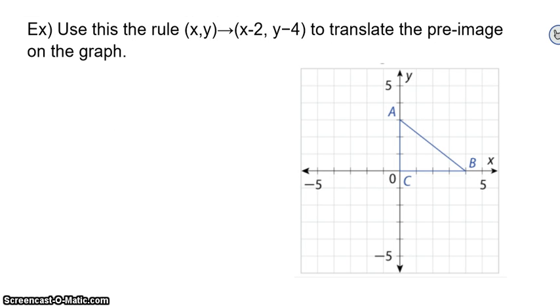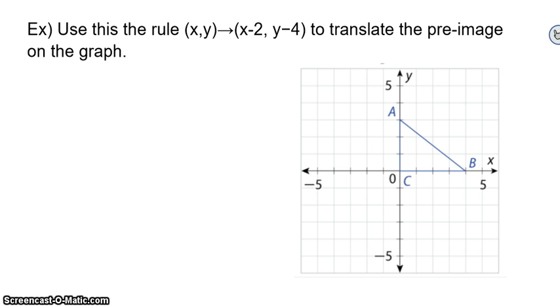We can use these same ideas on a graph to translate an entire figure. So what we're going to do is translate triangle ABC on the graph using the rule (x - 2, y - 4).